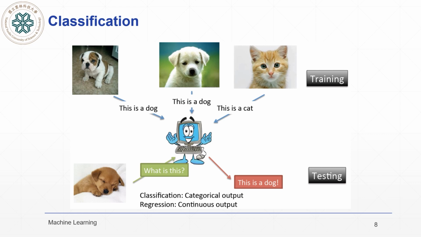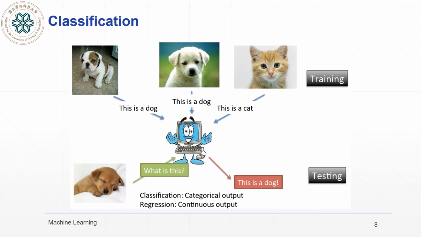For example, for classifying and recognizing cat and dog from images, we need images with label dog and cat for each image in the training phase. Then, in the testing phase, we ask the model to recognize the input image.